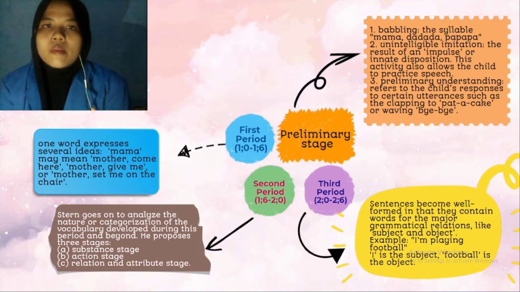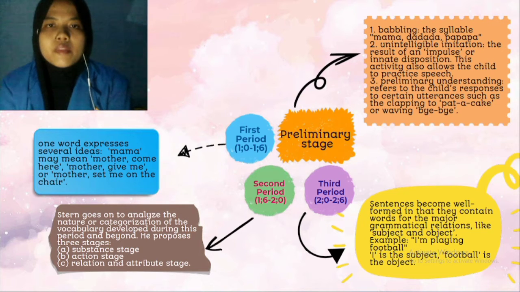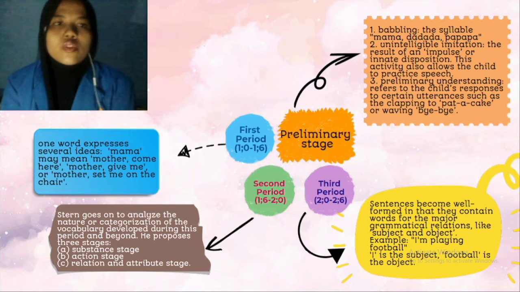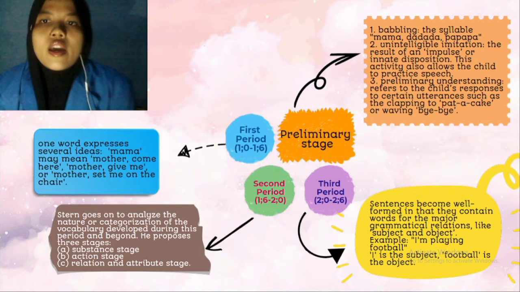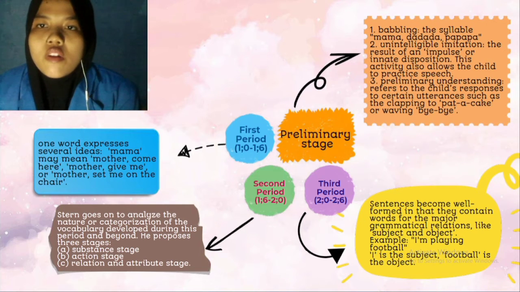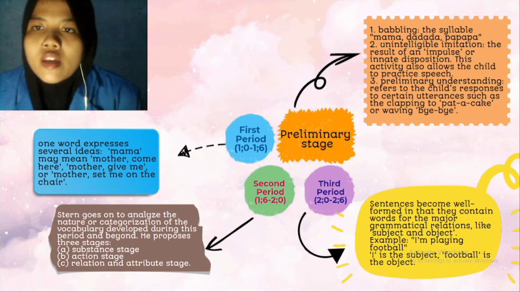The first is babbling. Babbling has 2 inner drives behind it. The first is the drive to express oneself, and the second is the drive to socialize with others. And I will give examples of the babbling itself.